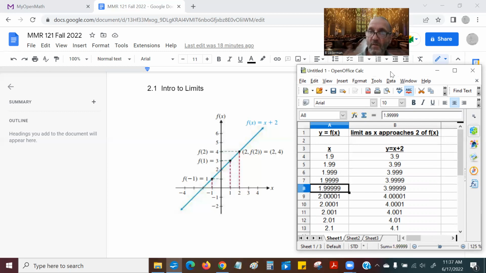Okay, so if you notice, as we get closer and closer to 2, coming from beneath the 2, the y value gets closer and closer to 4. If I'm starting from 2.1 and going down, getting closer and closer to x equals 2, then the y value gets closer and closer to y equals 4. Now, that's what limit means. Limit means that as I get close to x equals 2, the y value gets close to y equals 4. So we say that the limit as x approaches 2 is 4.